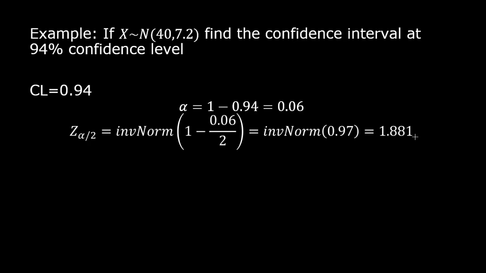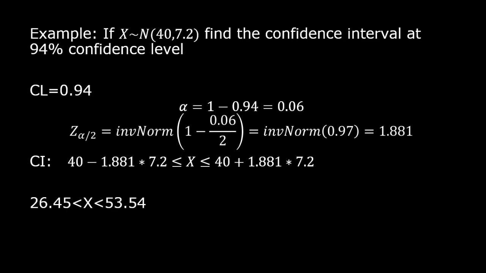And once you find this critical value, then the confidence interval is just mean value minus the critical value times the standard deviation, and mean value plus the critical value times the standard deviation, and x has to be between those two. And finally, if you use the calculator, you get these two numbers.